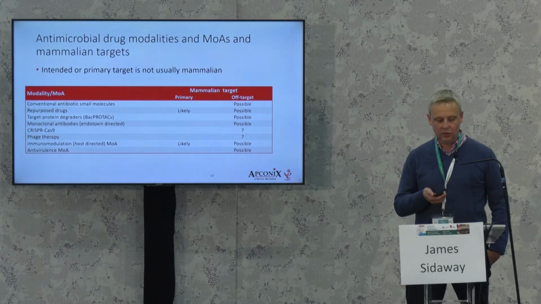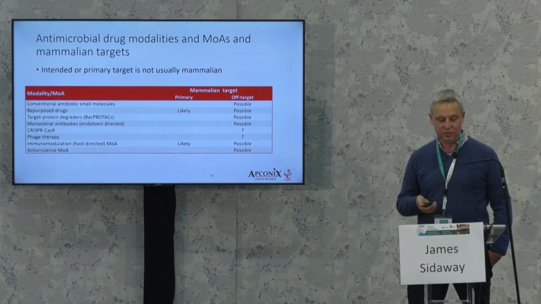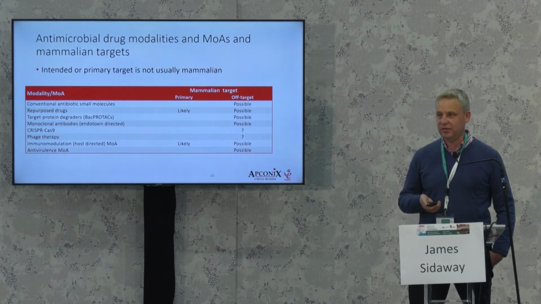For all the other modalities, off-targets are obviously a concern, apart from possibly some of the genetic and phage therapies. I guess that's not really well understood at the moment. Finding that information may occur later in the drug discovery development process, but again, commissioning a target safety assessment to try and understand biological consequences would be very useful.